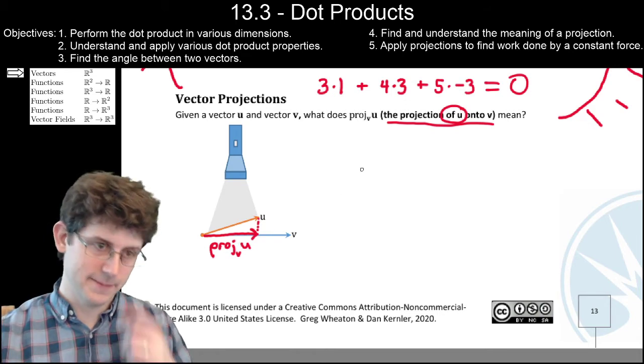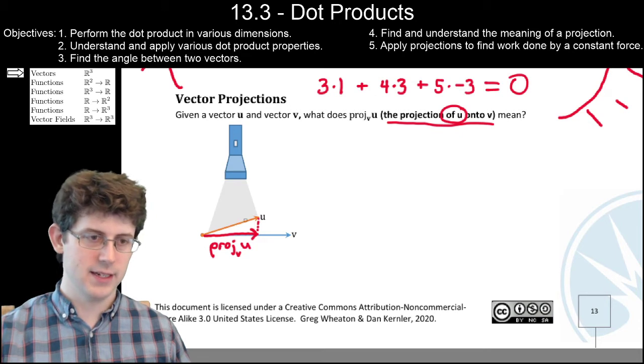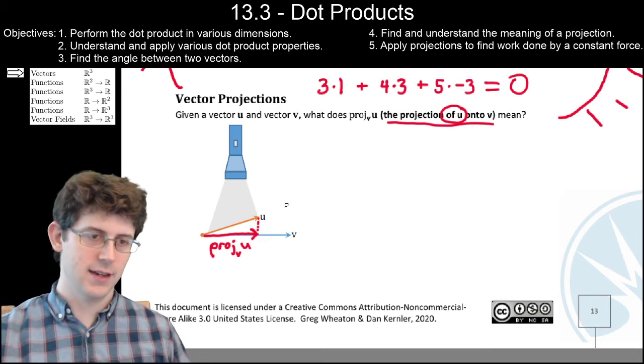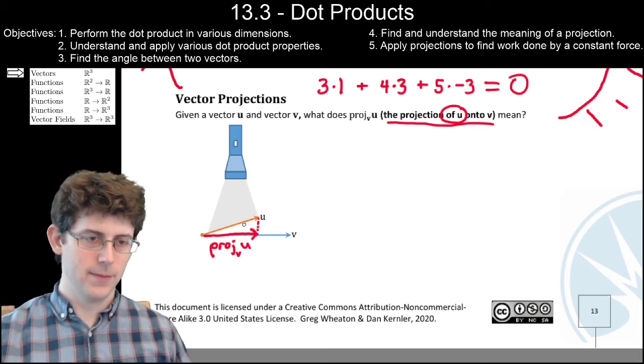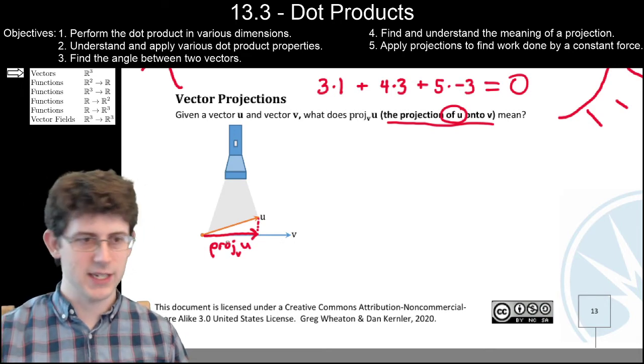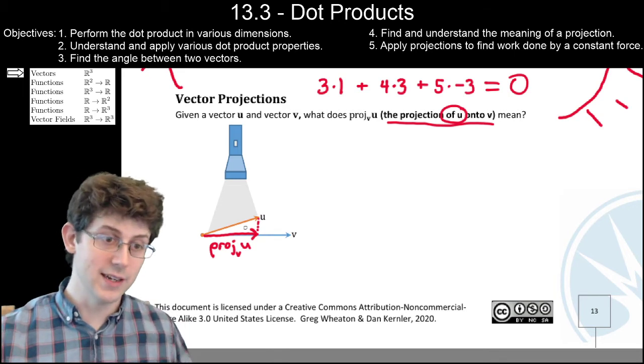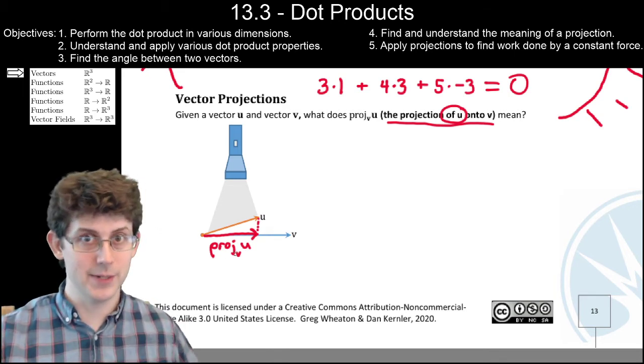So what is this good for? Say you have some effect that's happening in the u direction. It's usually a force. It could be the wind. And you want to know, what does it do in the direction of v? So say you're walking in the direction of v on a road, and you want to know if the wind blowing in the direction u helps you or hurts you.